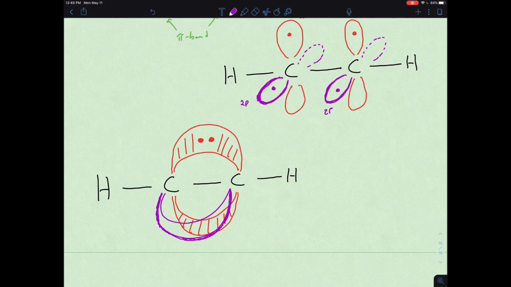Obviously a picture would be better, but I like to work on my drawing skills. A little practice, practice makes perfect. So if I were to draw this a little bit better here with perspective, we have our one that's going down kind of in the back, underneath that lobe in the front.